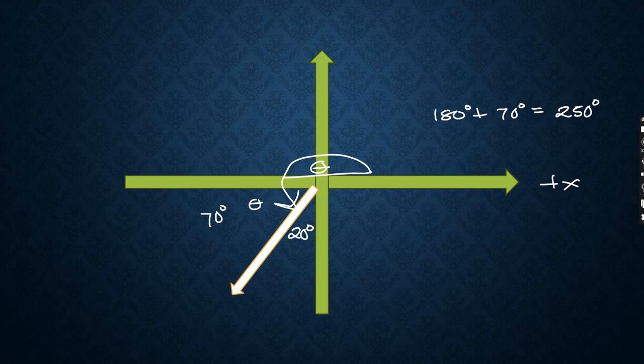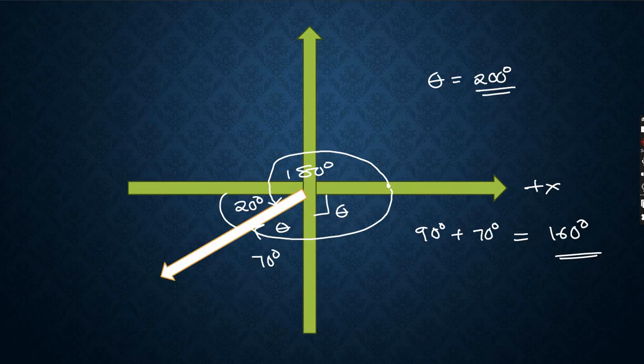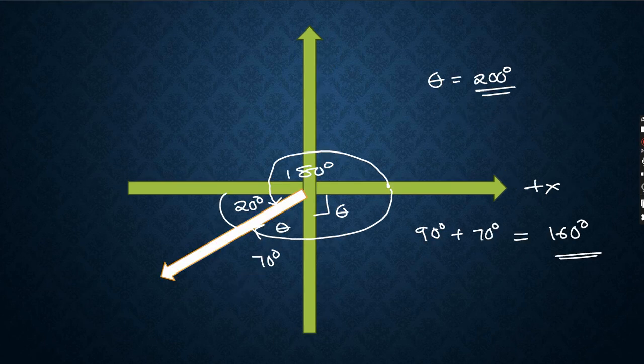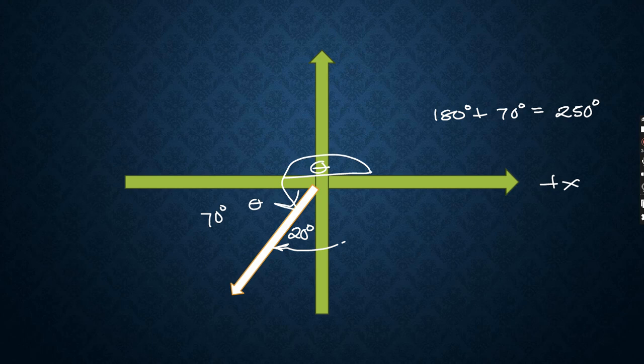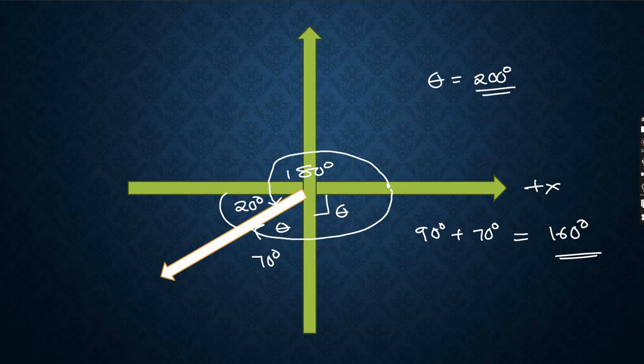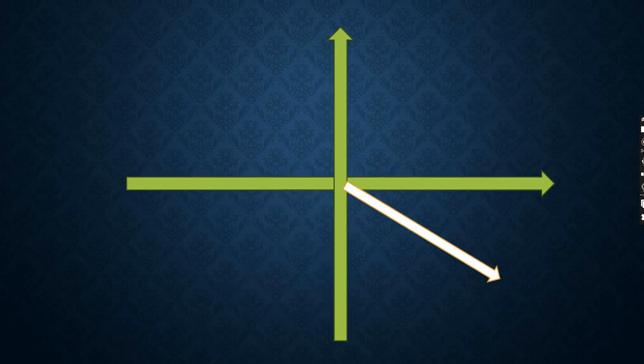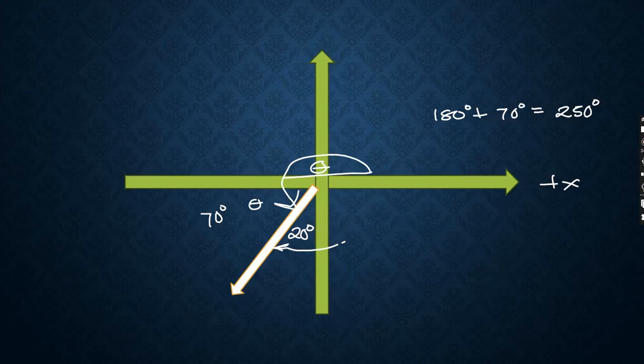Okay, so let's go ahead and find the direction using the clockwise direction. We move from here all the way to where our vector is. Our vector is here. We are moving like this.